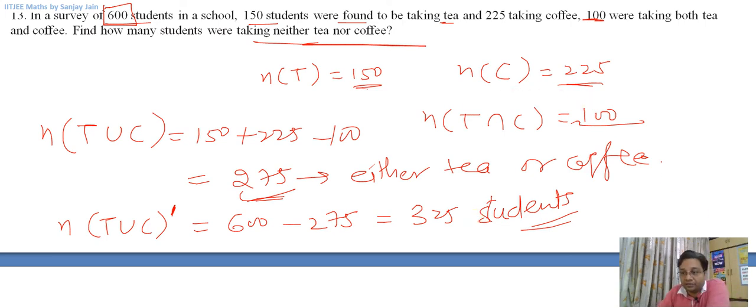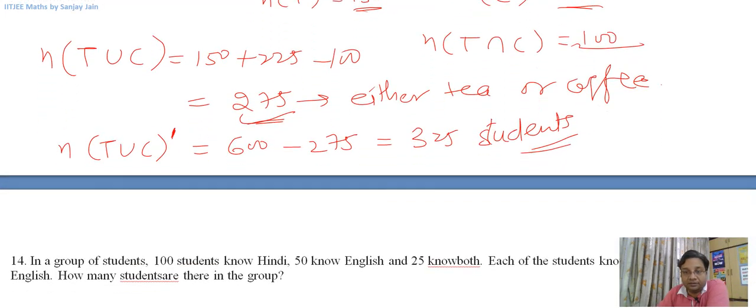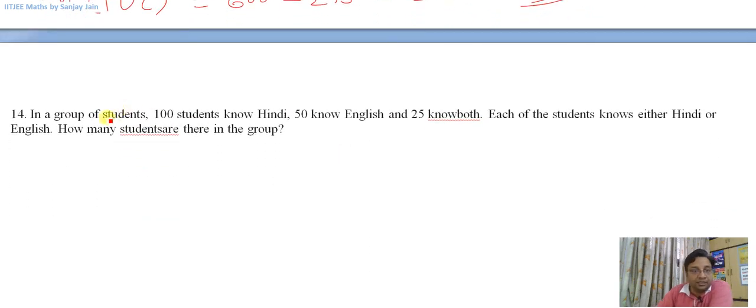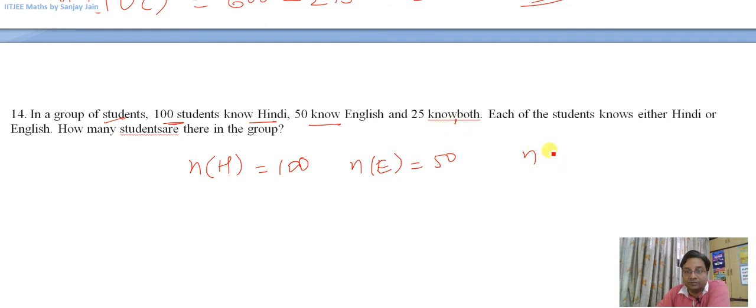Okay, let us have a look at the next question. There is a group of students. 100 students know Hindi, so number of students knowing Hindi is 100. 50 know English. Number of students who know English is 50. 25 know both Hindi and English. Each of the students knows either Hindi or English.